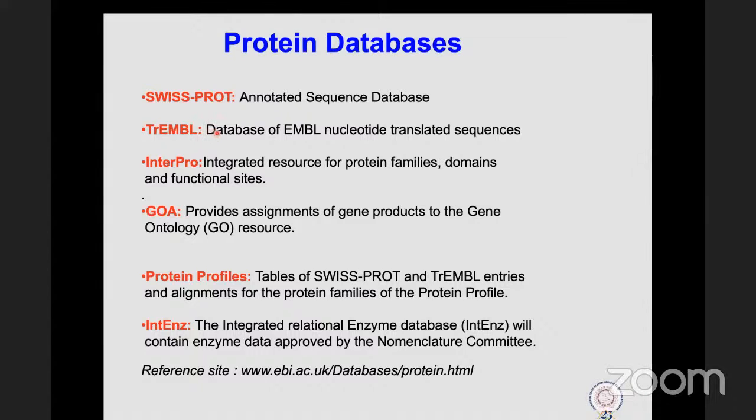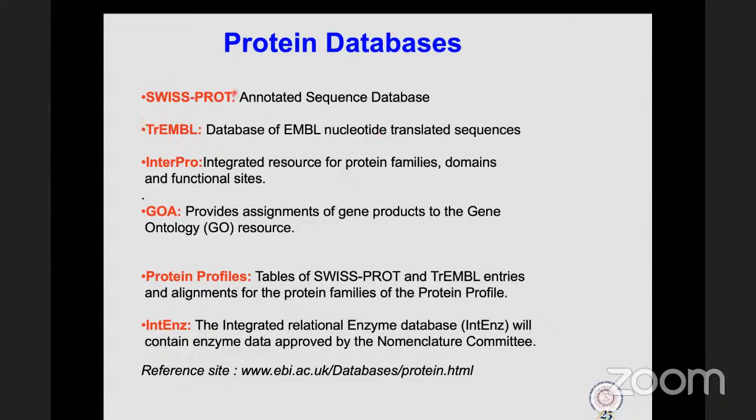TrEMBL is the translated sequence of the nucleotide sequences of EMBL. Whatever nucleotide data is present in the EMBL nucleotide archive database, its translated protein version is stored in TrEMBL.